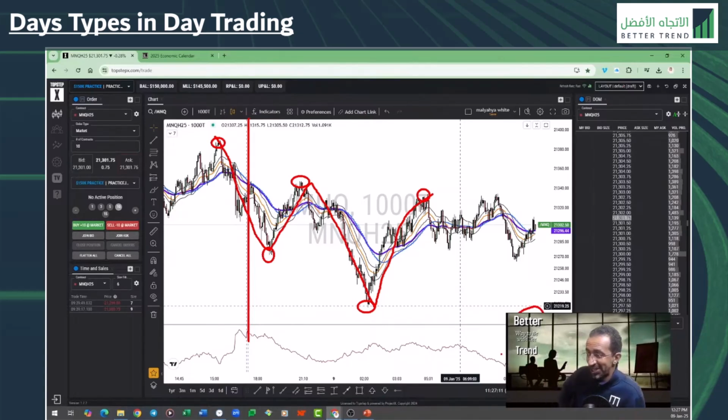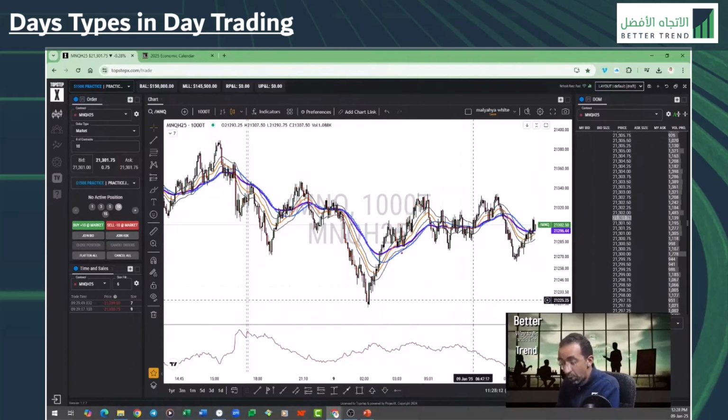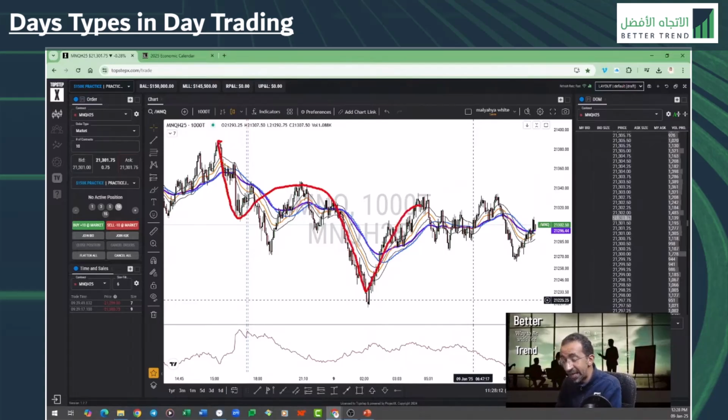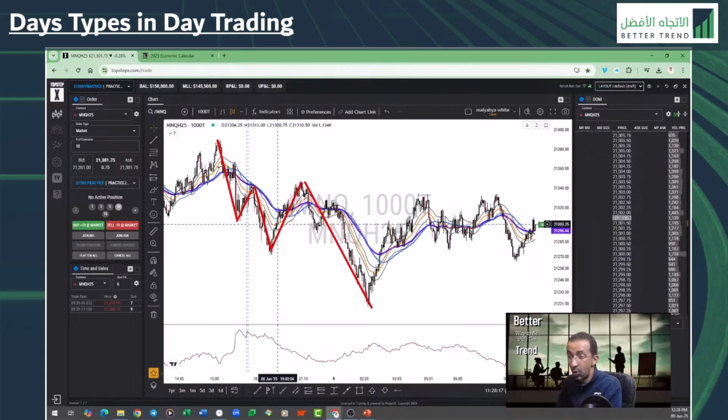You say multi-direction day. Let's see now. Do you see any direction up? We all see the direction down, correct? Is there anyone who doesn't see the direction down? We all agree there is a direction down.